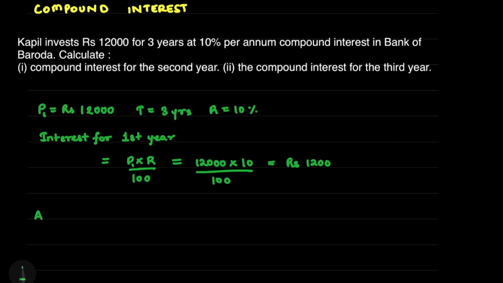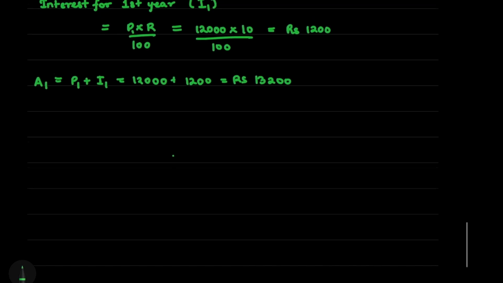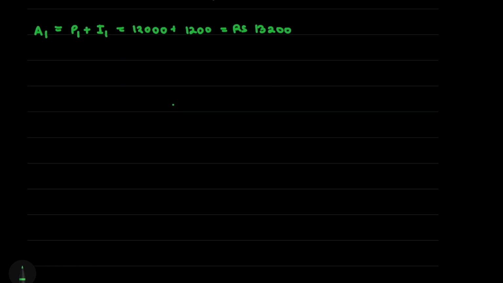So our amount for year 1, I'll write that as A1, would be P1 plus interest for first year, I'll write that as I1, P1 plus I1, and this gives us 12,000 plus 1,200, and that comes out to be rupees 13,200. Now, this amount A1 would become the principal for the second year. So let's calculate compound interest for the second year.